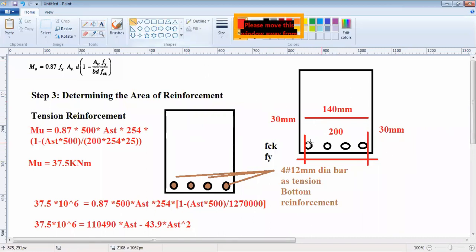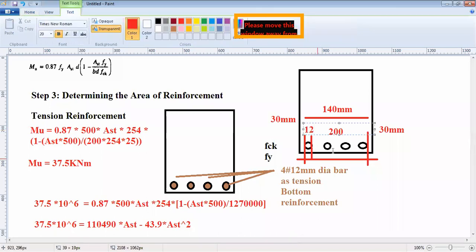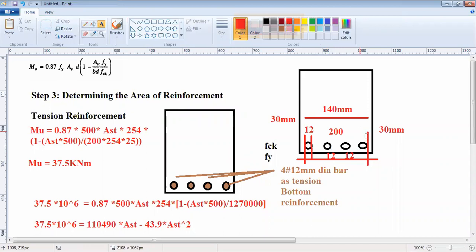So what is the diameter of each bar? This is 12 mm. This will also be 12 mm. This is 12 mm. This is 12 mm. So now, what is the center to center distance between the bars?